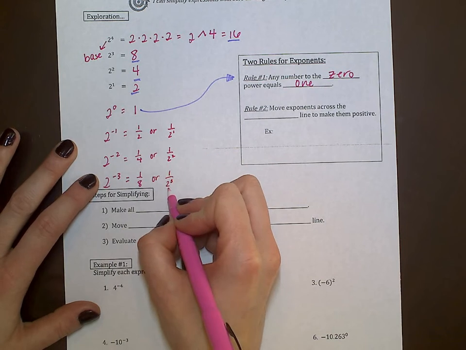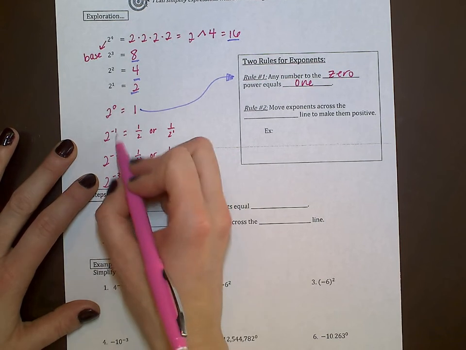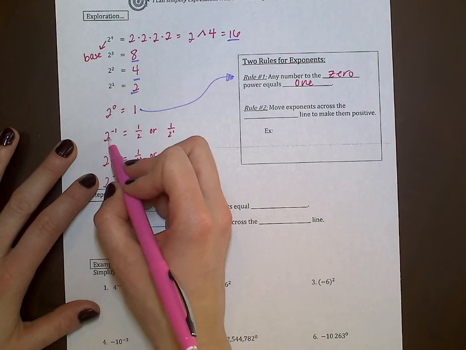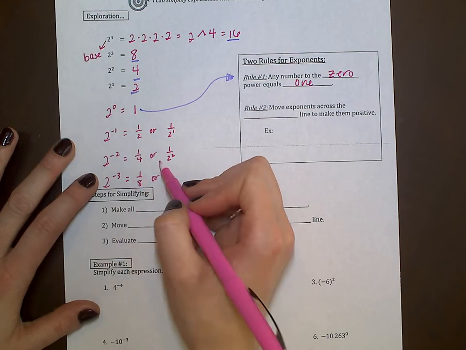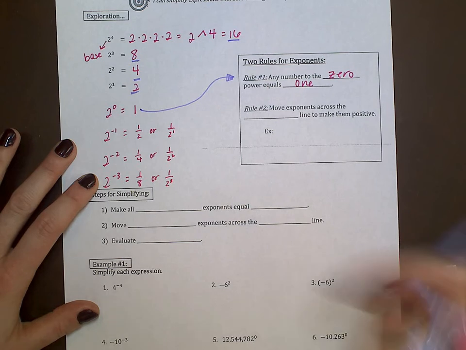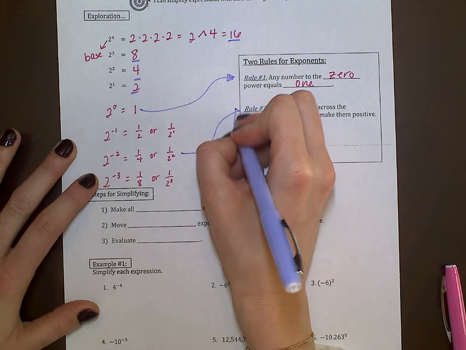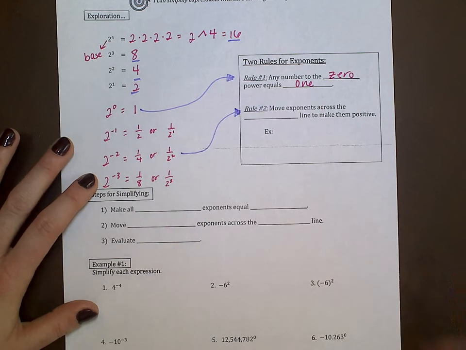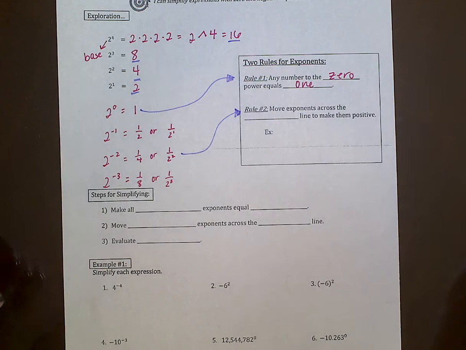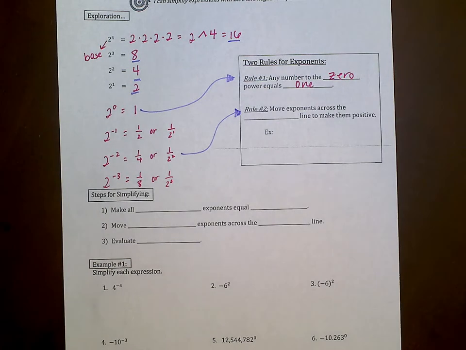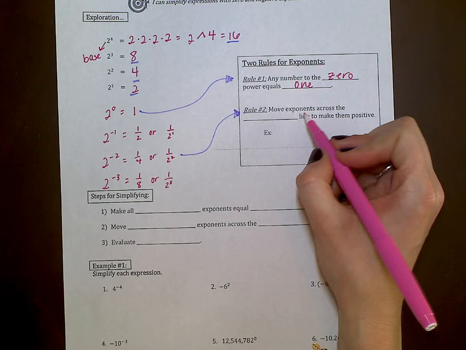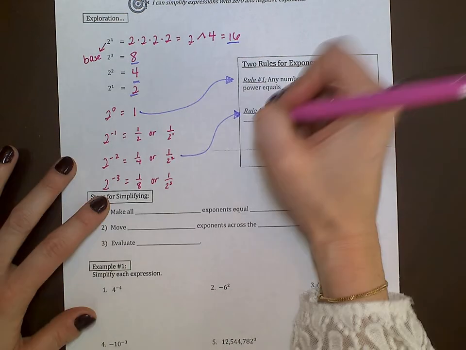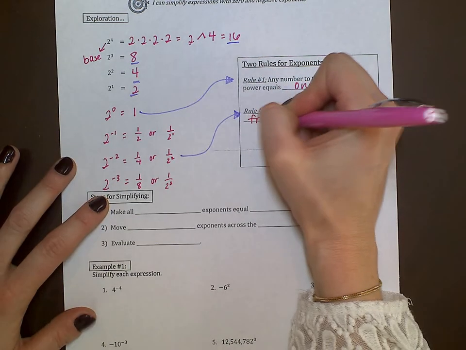So if you notice the pattern here, they're just taking this base and exponent combo, and they're putting it over 1 and making it positive. So that's exactly what the second rule is. And this one is a little bit trickier than just memorizing anything to the 0 power equals 1. But you move the exponents across the fraction line to make them positive.